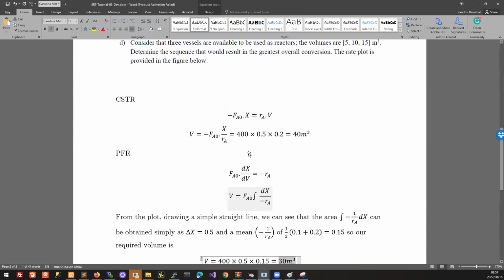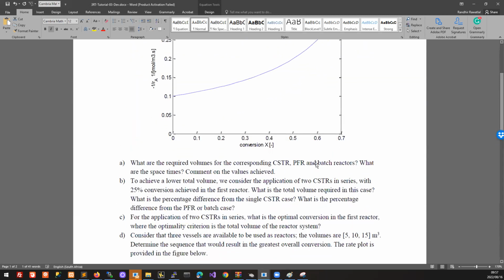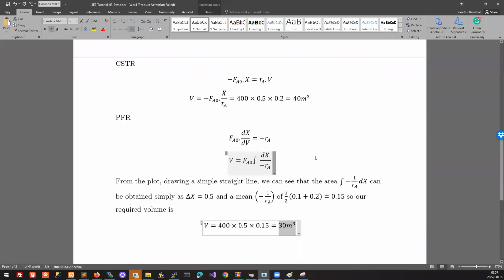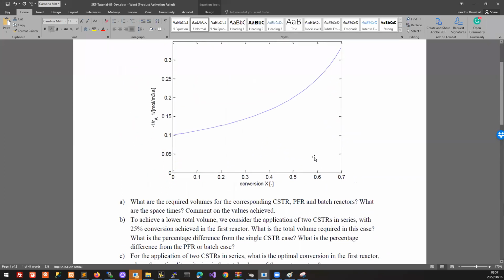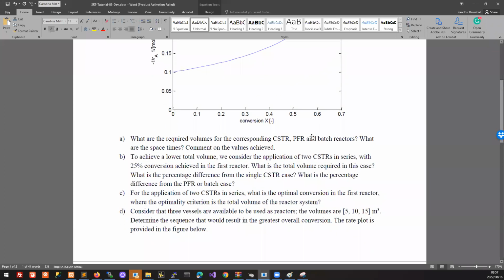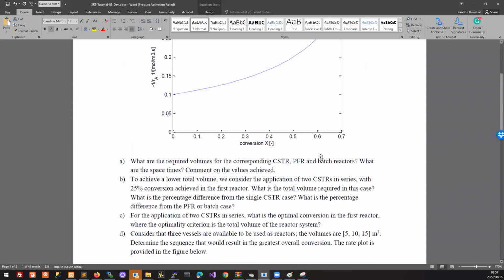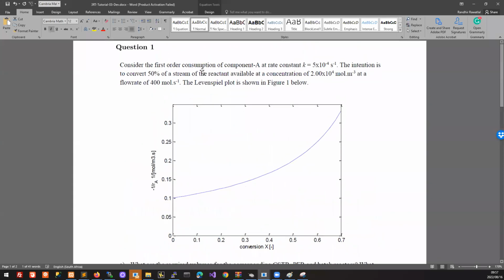So that's the PFR, and what's the corresponding batch reactor? So for the batch reactor, we have to scratch our heads a little bit because we don't have a time or a flow rate. So we need to translate a little bit what's given to us in this problem.